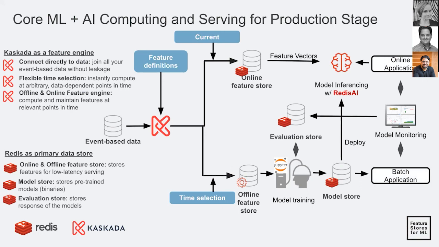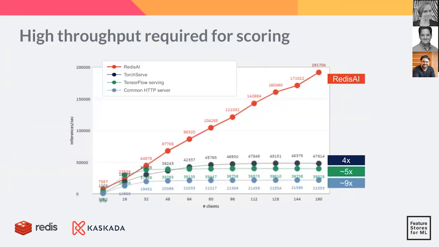And with all these different instantiations of how Redis can be used as a primary data layer in the production stage, combined with Kaskada, you can actually close the entire loop. So you do actually ensure that your features are live, fresh, and fast. At the same time, this not only improves the inferencing capability, which we'll talk about over here, once you're dealing with large amounts of data, you really need to drive higher throughput, right?